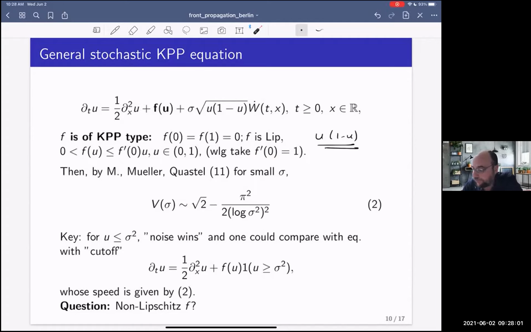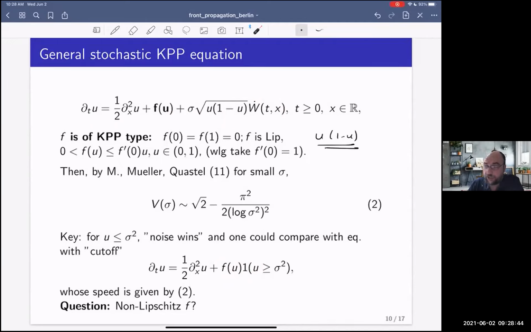And just one word about how one can think about the proof of this. For small u, the noise in some sense wins the competition against the drift. In which sense does it win? Whenever u is smaller, say, than sigma squared, one can show that in these regions the noise very fast brings the solution of this equation to 0, which means that one can compare this equation to the equation where the drift doesn't act for small values of u.